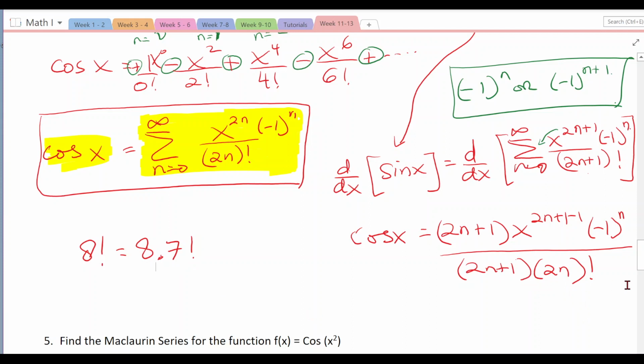So now we can cancel 2n plus 1 with 2n plus 1, and here 2n plus 1 minus 1 is simply 2n.